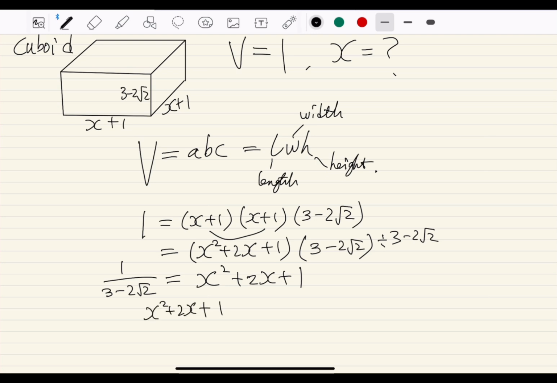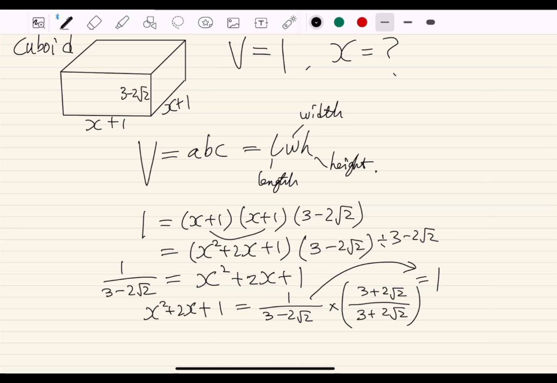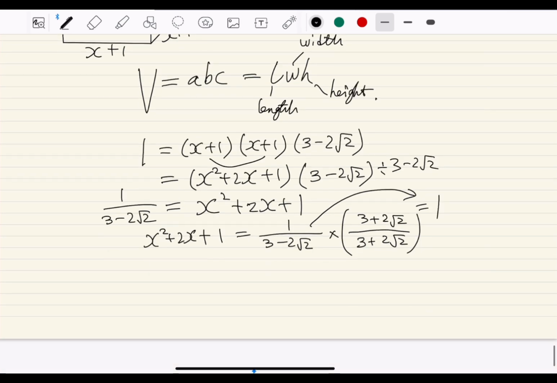To rationalize this fraction with surds in the denominator, we multiply by the opposite sign in the middle, to use the difference of two squares in both numerator and denominator, which means we are multiplying the original fraction by 1. So it won't change the value of the original fraction, and it allows us to use the difference of two squares to rationalize.